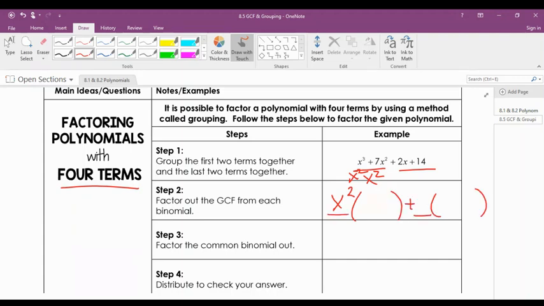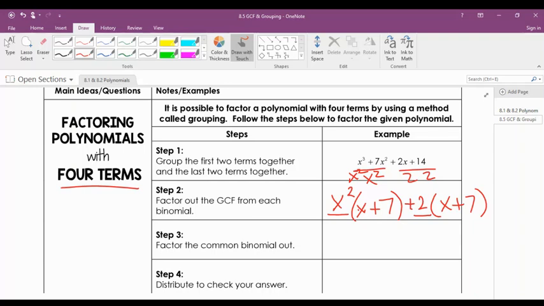This is what we're doing. That's what you should set up for grouping. I got my GCF, take out X squared, leaves me with 1 X plus a 7 because the X squareds cancel out. The second group, they have a number in common. I can divide them both by 2. And that leaves me with X plus 7.